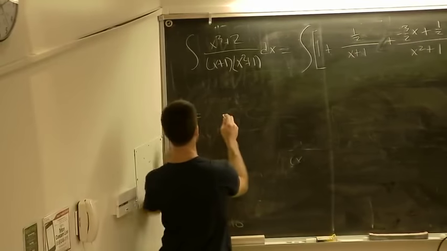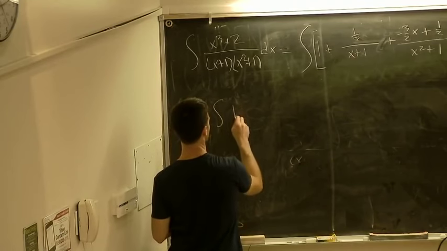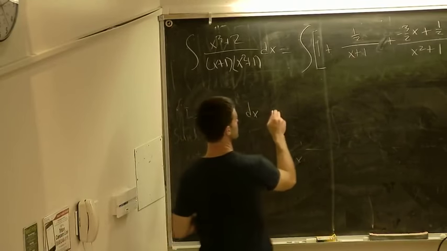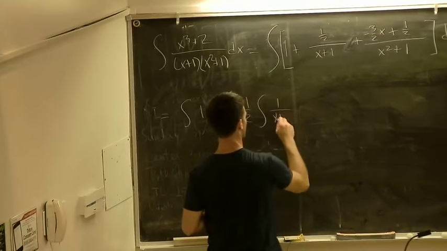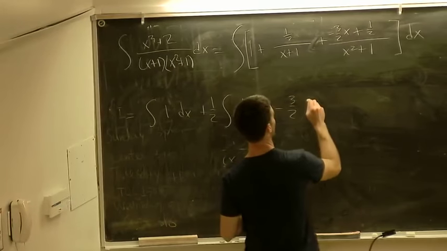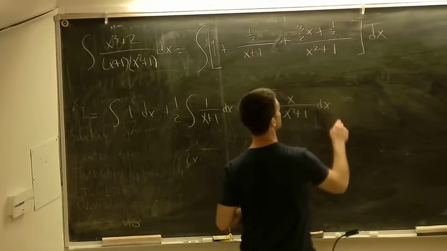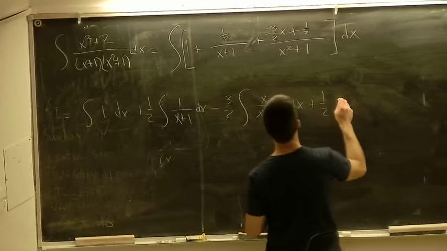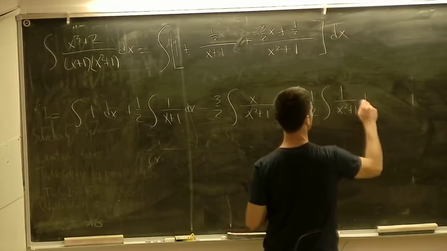And this is the same as the integral of 1 dx plus 1/2 the integral of 1 over x plus 1 dx minus 3/2 the integral of x over x squared plus 1 dx plus 1/2 the integral of 1 over x squared plus 1 dx.